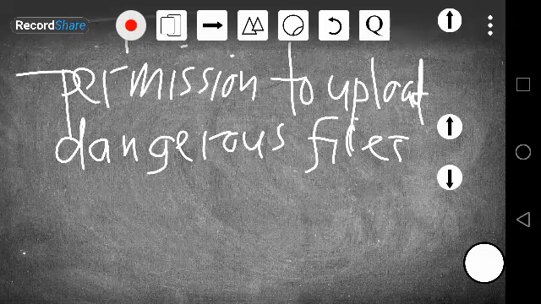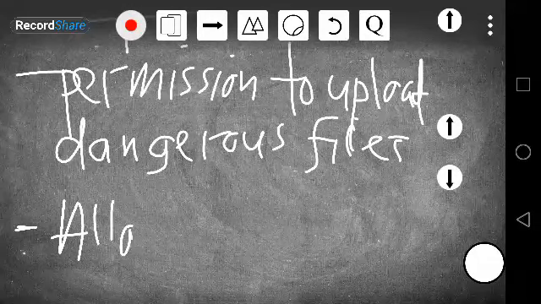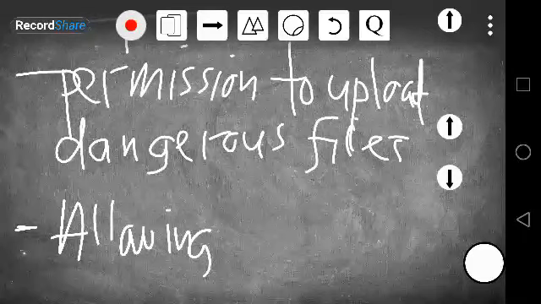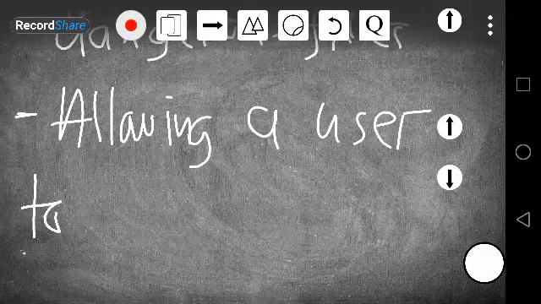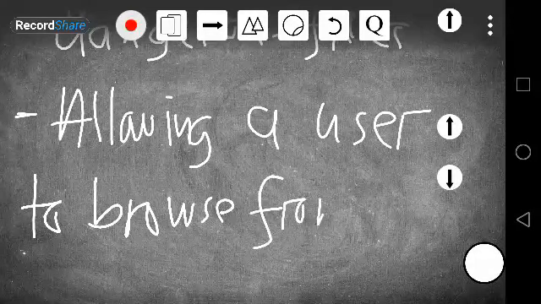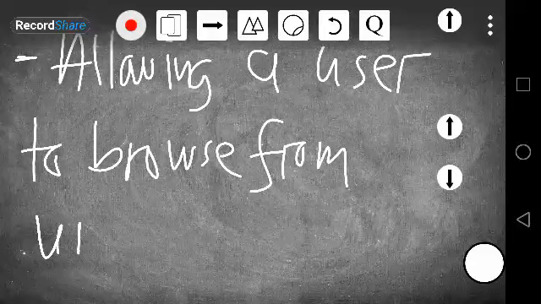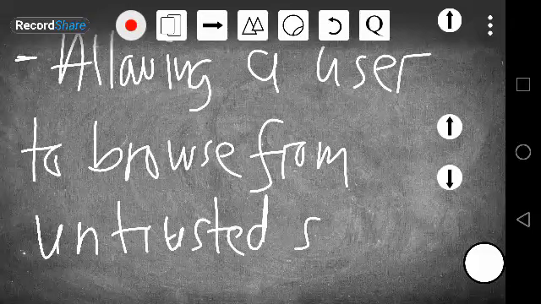Okay. Then we have things like allowing a user to browse from untrusted sites.